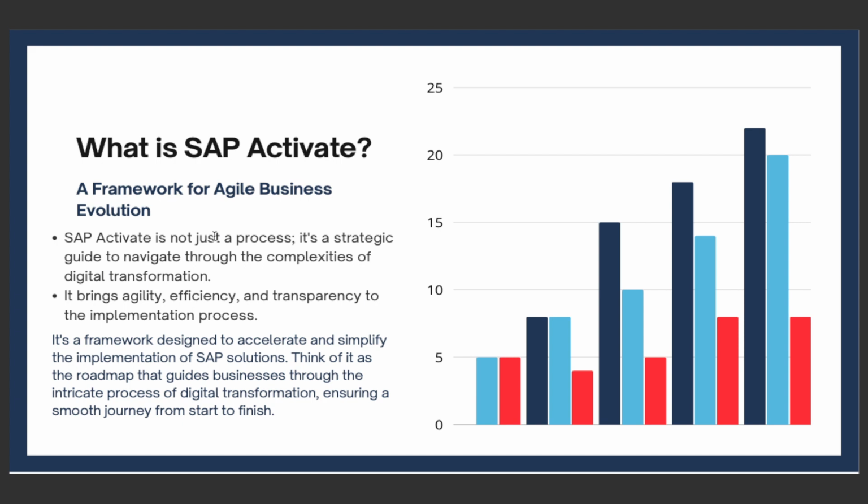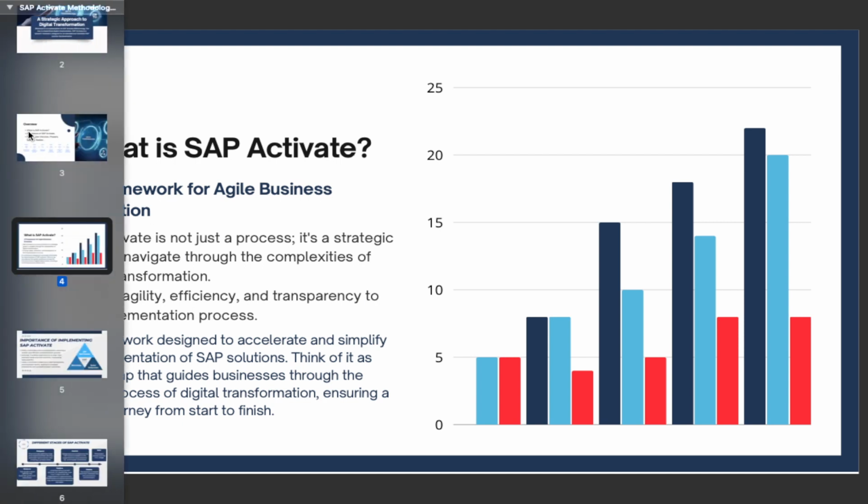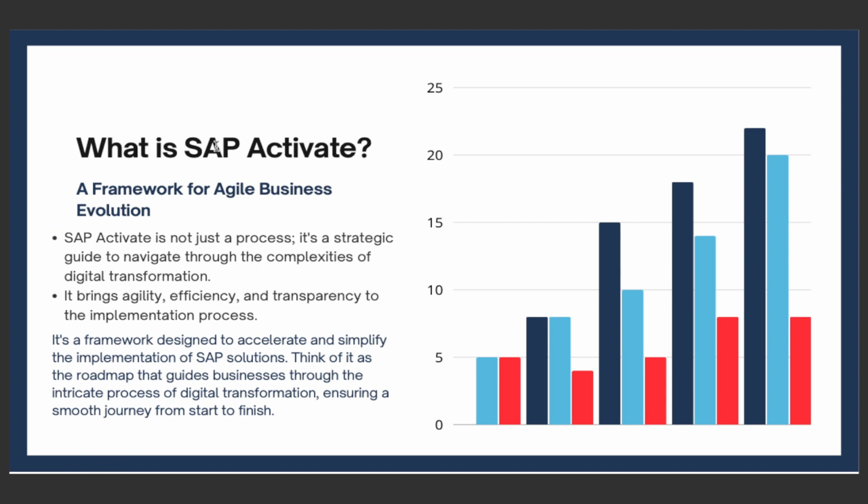It guides businesses through the detailed steps of how you can transform your businesses digitally, and makes sure the whole process works smoothly from beginning to end. Like, in discover phase I have to do this, and in prepare phase I have to do this, in deploy phase or whatever the phase, what I have to do in that phase. I will be talking about what we do in each phase.